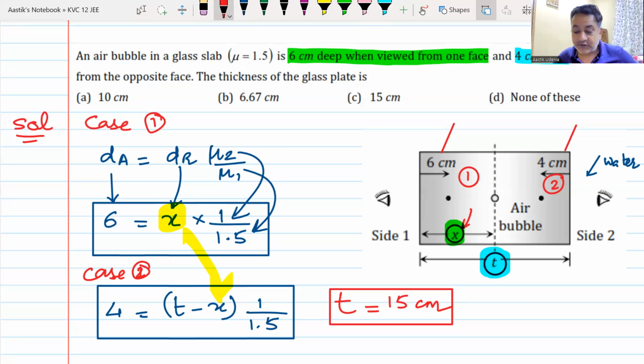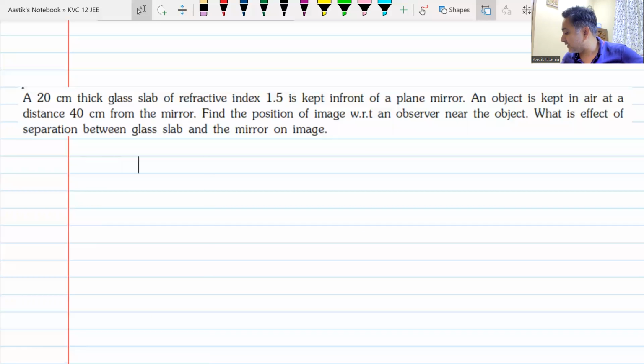Something wrong with my clipboard. Right now the clipboard looks okay. Okay, my dear girls and boys, I hope you have not seen this question. I put it here. And here comes the question for you to do as homework. What is this? This is not good. Yes, this is the question that you got to do.